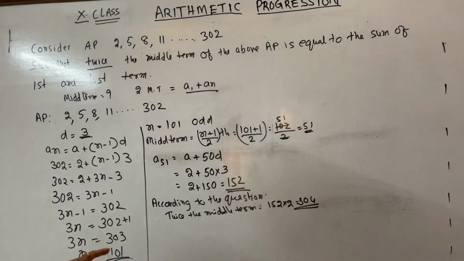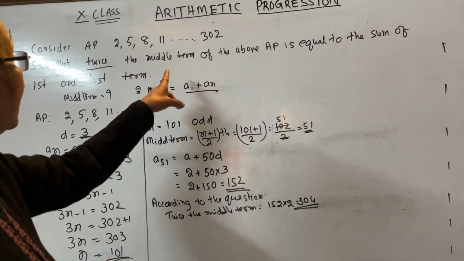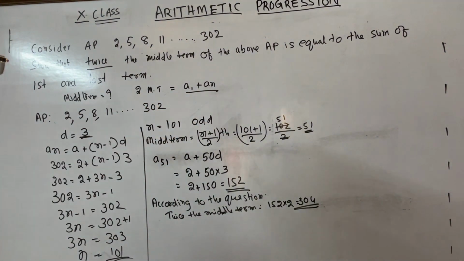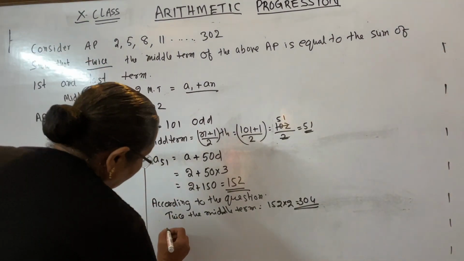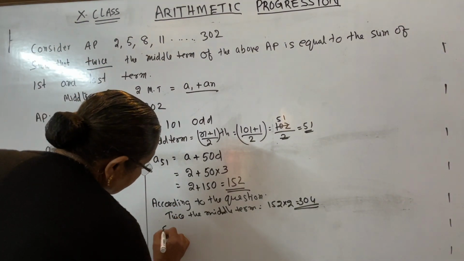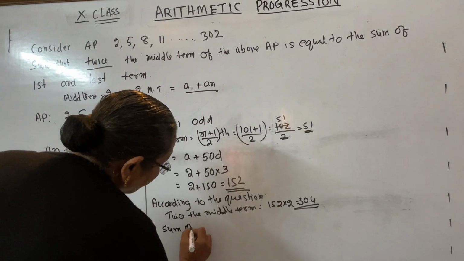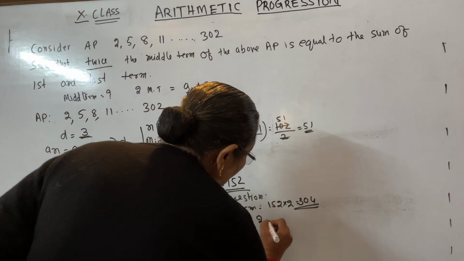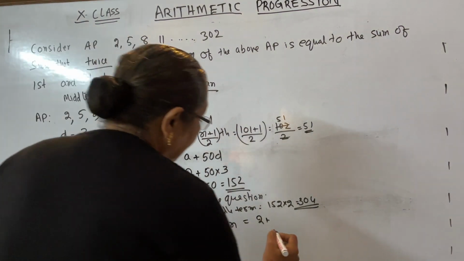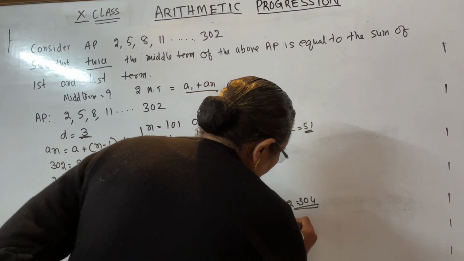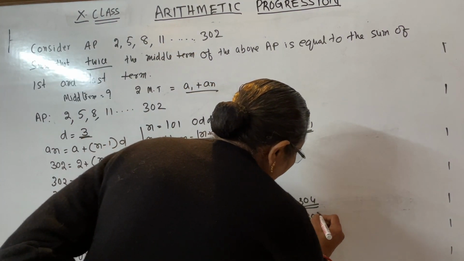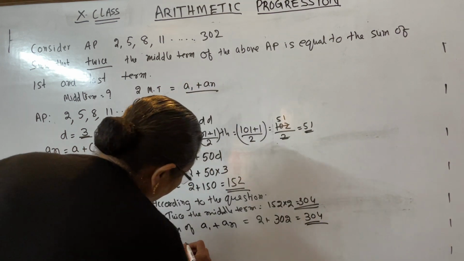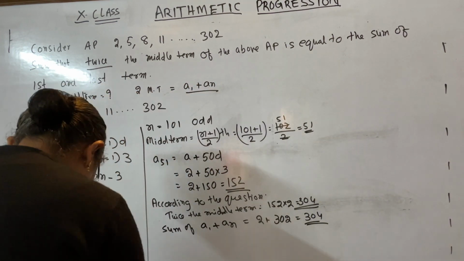So what we have to prove is that this equals A1 plus An. A1 we know, right? A1 is 2, and the last term is 302. That is 304. So what shall we write?